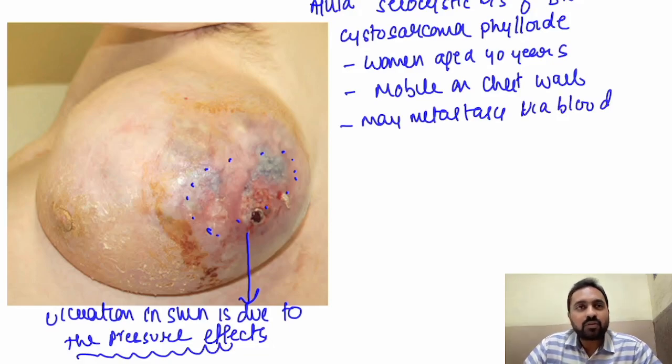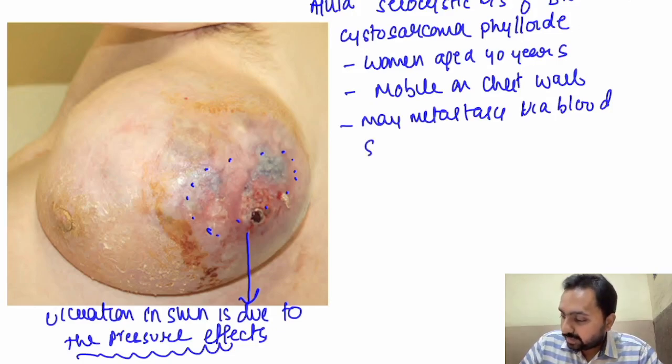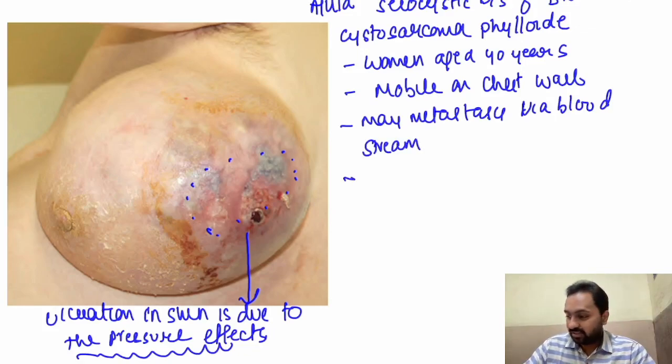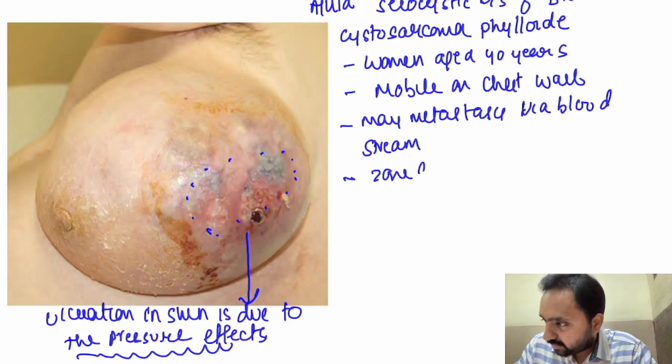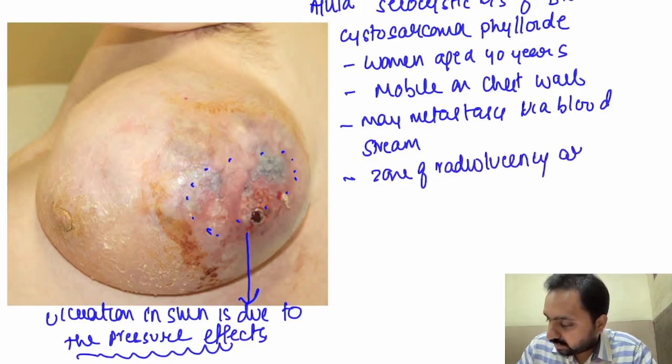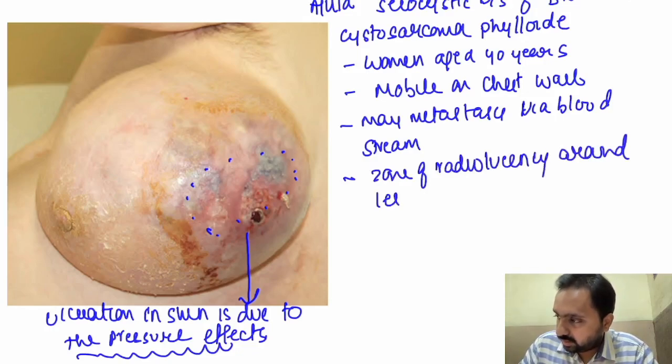Now these lines are important because they may be asked as a true and false question, or which of the following is correct among all this. So this is where all these lines become important, right? Now what happens in this radiology, you find a zone of radiolucency around the lesion.